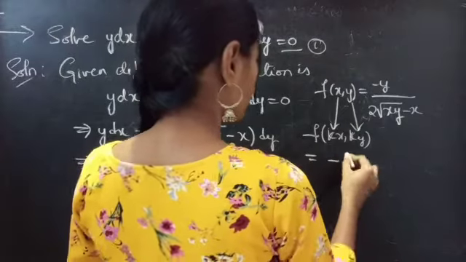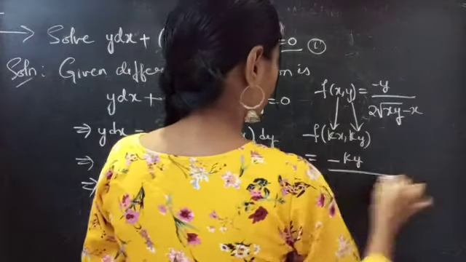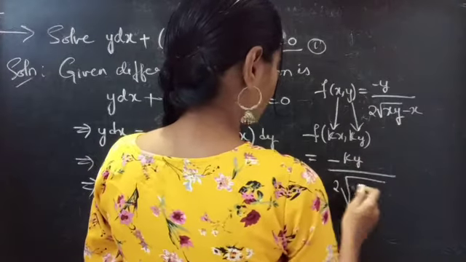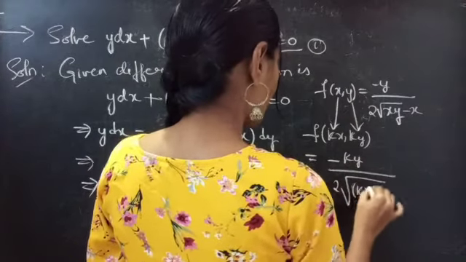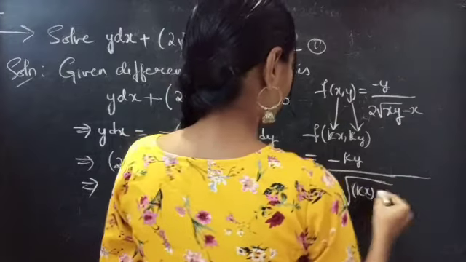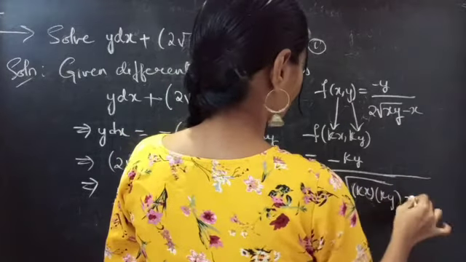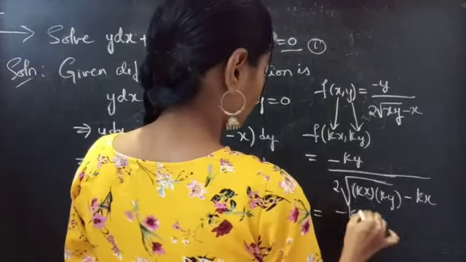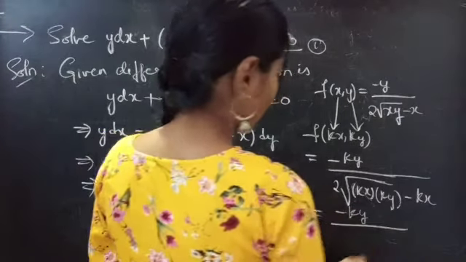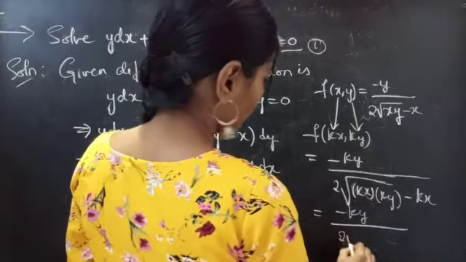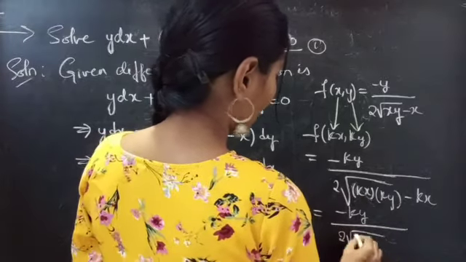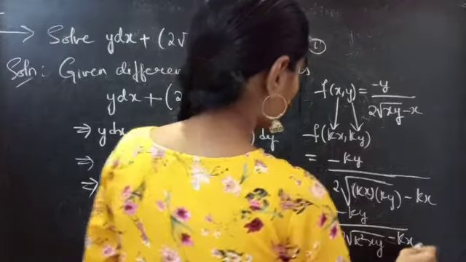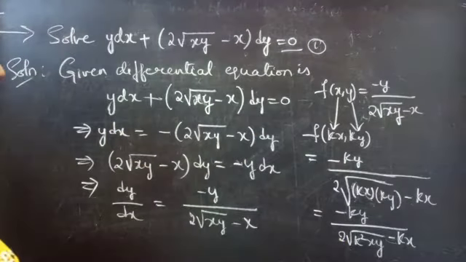Then you'll get minus ky by 2 into square root of k into k square into xy minus kx, right?